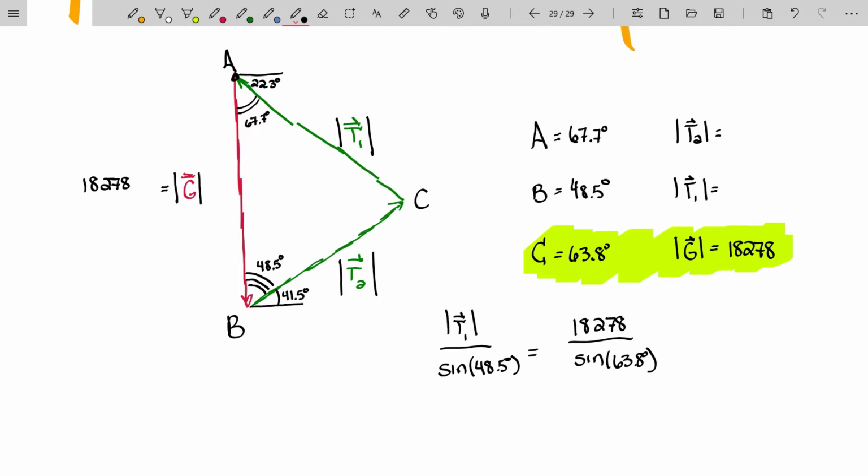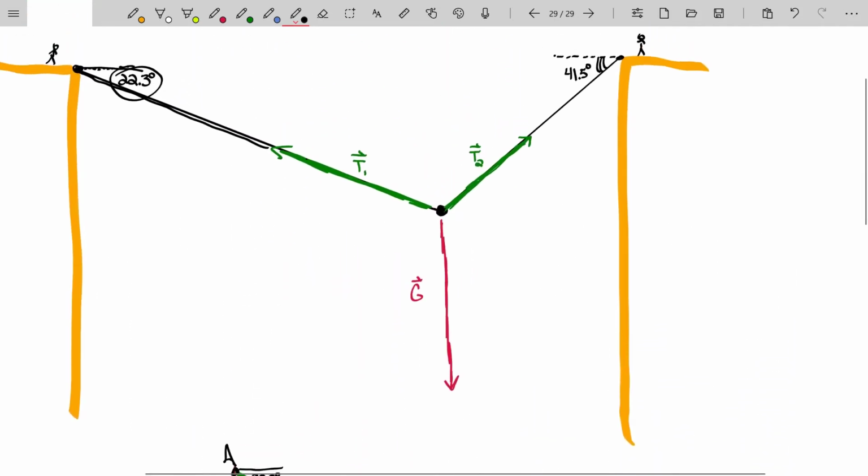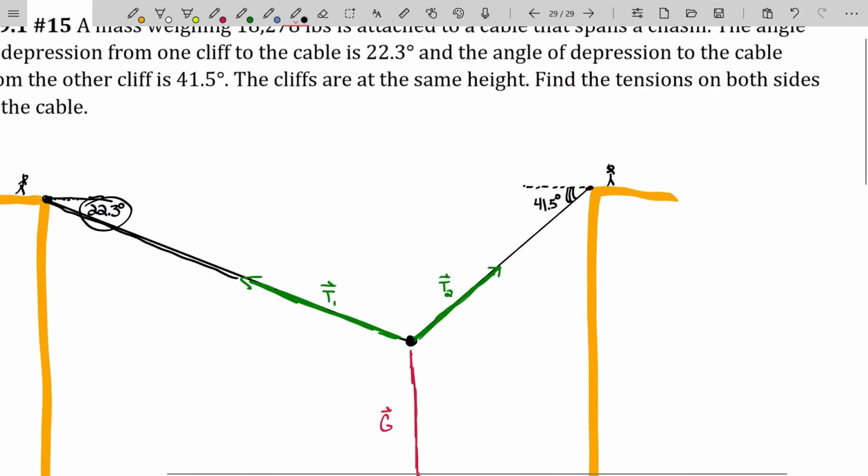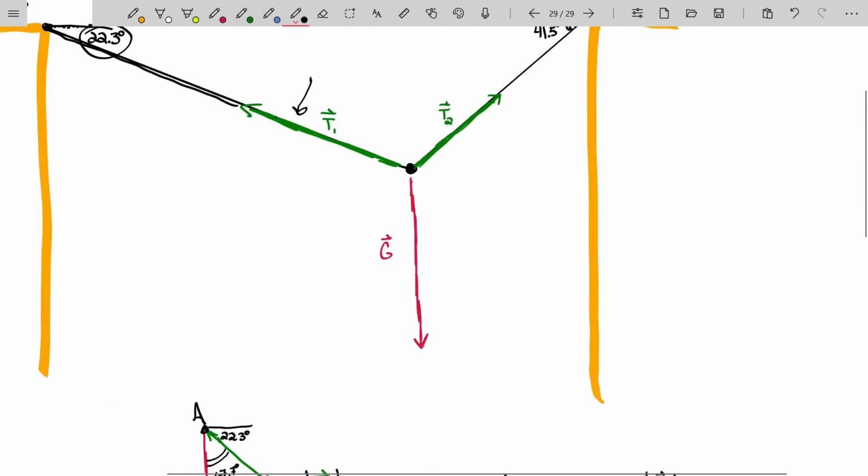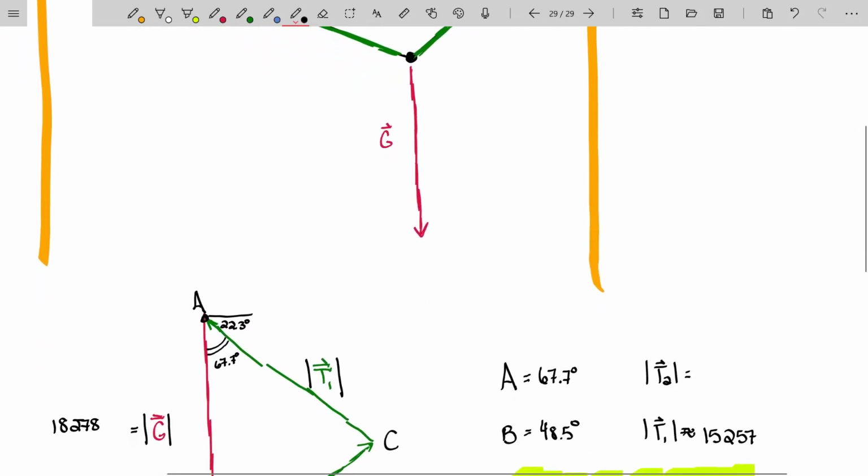Sine of 48.5, and then divide that by the sine of 63.8, and I get 15,257. That's how much weight this side of the cable should be rated for, because it's holding 15,000 whatever pounds. So it better be able to hold that.